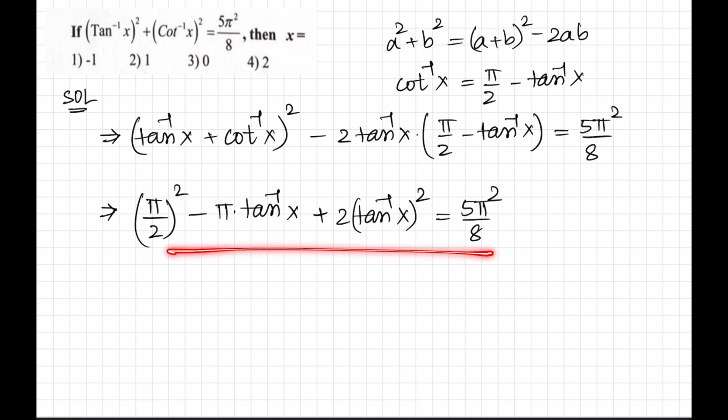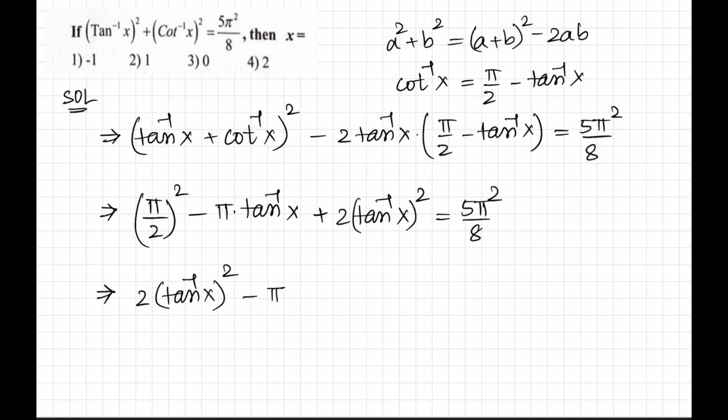So if we write it in the form of a quadratic, we will have 2 (tan inverse of x) squared minus pi into tan inverse of x minus 3 pi squared by 8 is equal to 0.